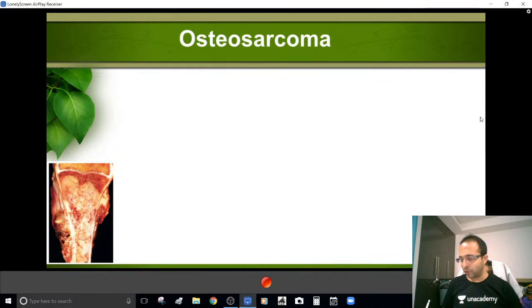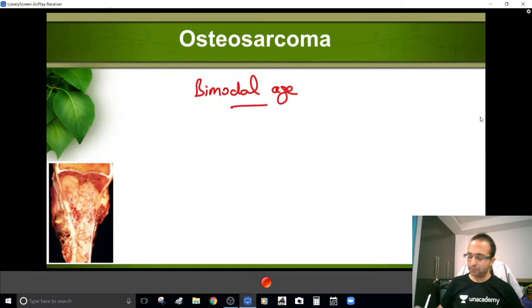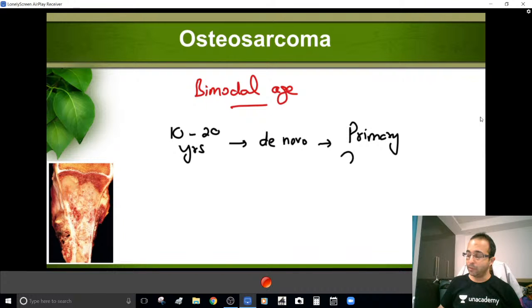And regarding osteosarcoma, something very, very important I would like to tell you, something very specific of osteosarcoma. This is one of the only tumors where you have bimodal age presentation. You find it in the age group of 10 to 20 years when it arises de novo, means it arises on its own. And here you basically call it primary osteosarcoma. But mind you, this is a tumor that can also be seen in the age group of 40 to 60 years.